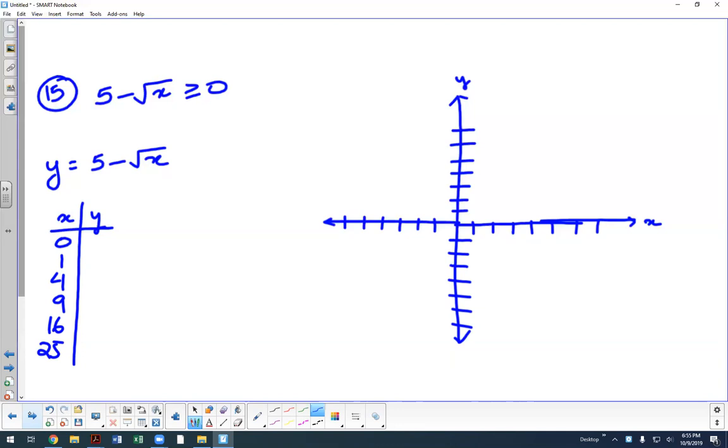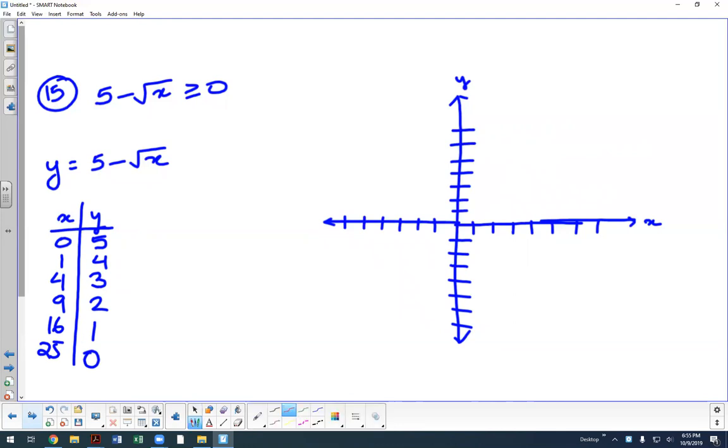So when you put a 0 in there, what do you get for your y value? 5. For the 1, 4, 3, 2, 1, 0. But like I said, we really won't be able to use those points. So what does this graph end up looking like?